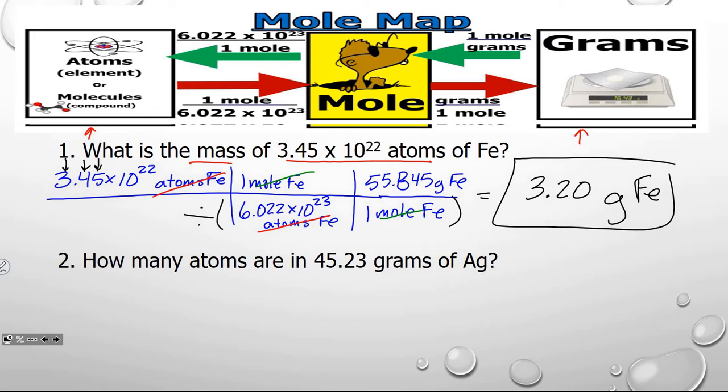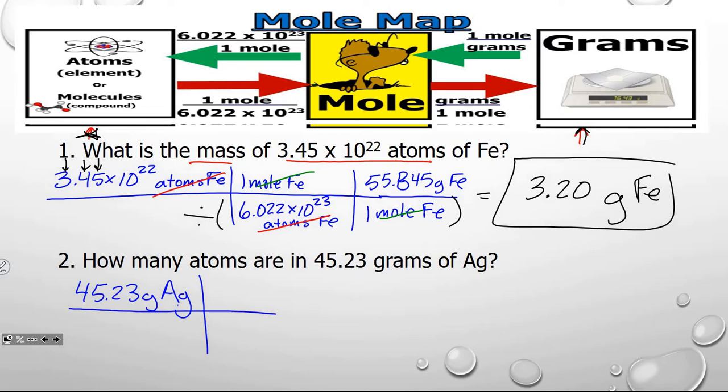Good. Okay, now we're going to go backwards. We're now going to use the green arrows. We're going to start with grams over here, and we're going to end with atoms over here. So, starting again with what we have, 45.23 grams of Ag.